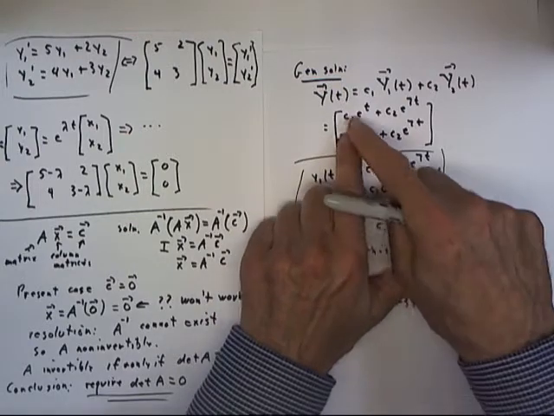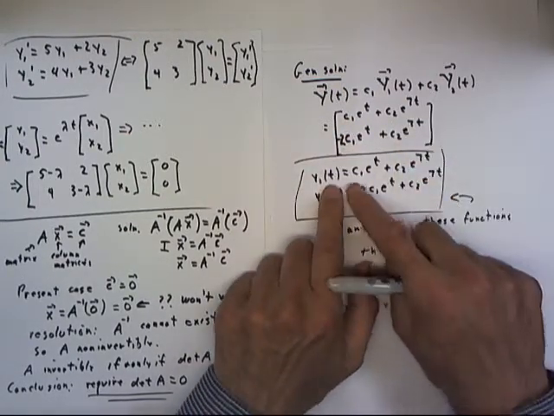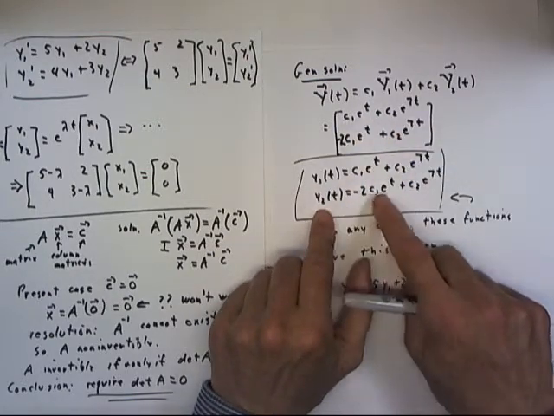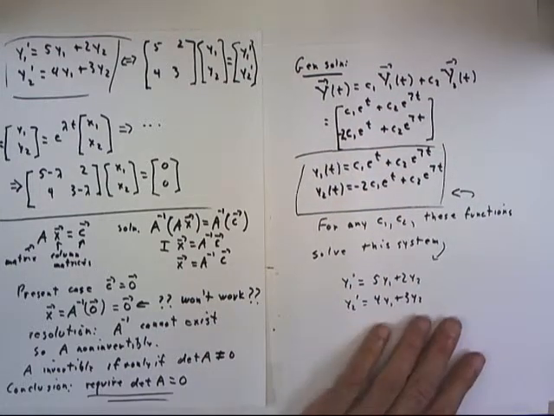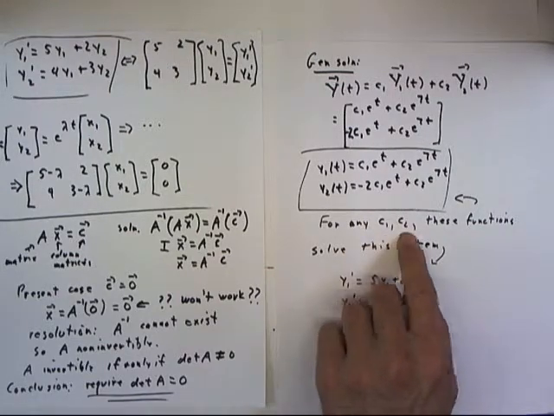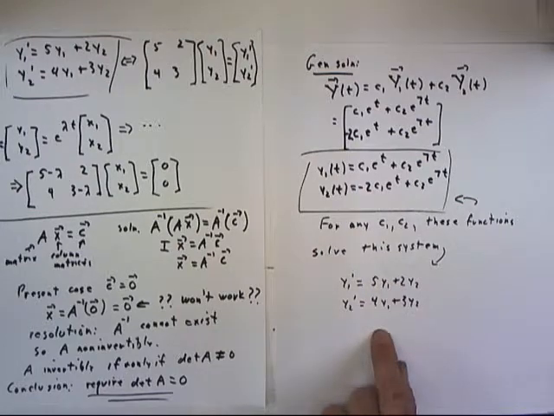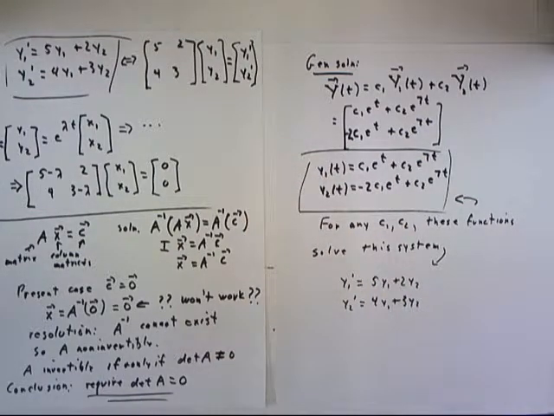And this solution has our general y1 function being the first row, our general y2 function being the second row of this column vector. And the bottom line then is, for any constants c1 and c2, these two functions solve this system. Meaning, if you plug these two functions into this system, you're going to get identities for both of these equations.